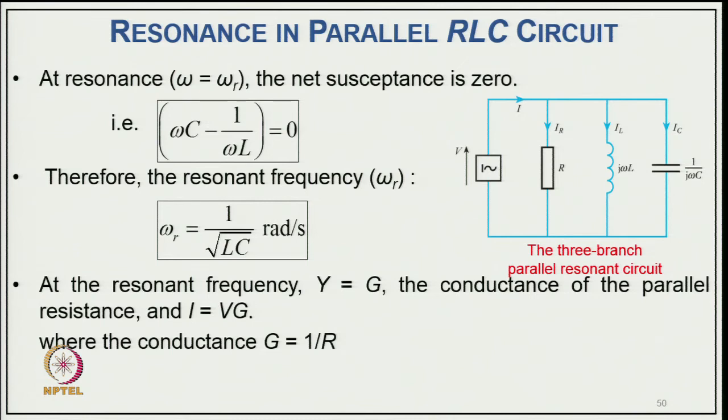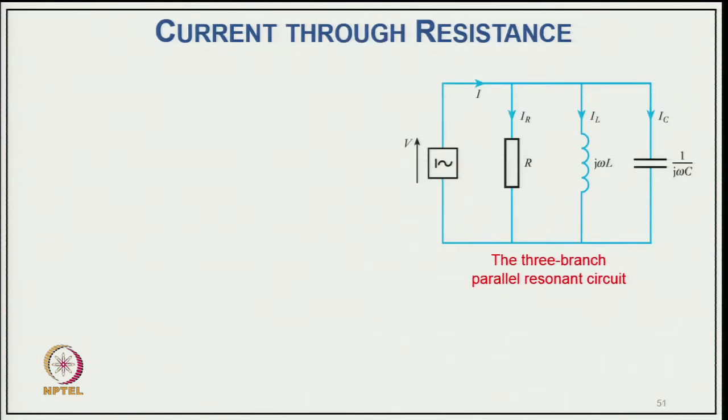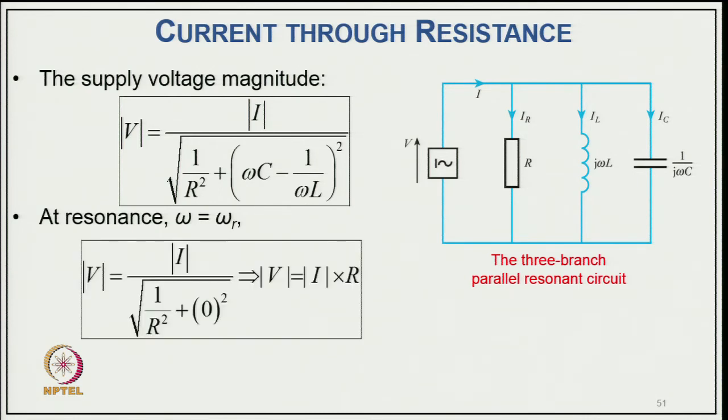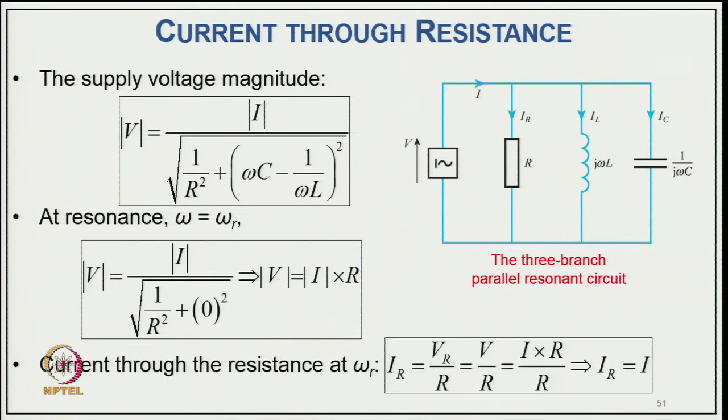So, the conductance of the parallel circuit, and I is equal to V G, where the conductance G equal to 1 upon R. We can say the supply voltage magnitude V equal to I upon under root of (1 upon R) square plus (omega C minus 1 upon omega L) square, and at resonance frequency omega equal to omega R, V equal to I upon under root (1 upon R) square plus 0 square, that is V equal to I into R. The current through the circuit at omega R will be I R equal to V upon R, which is the circuit current also.